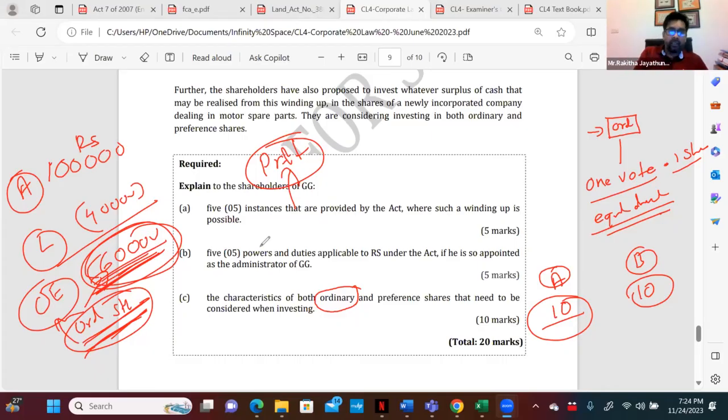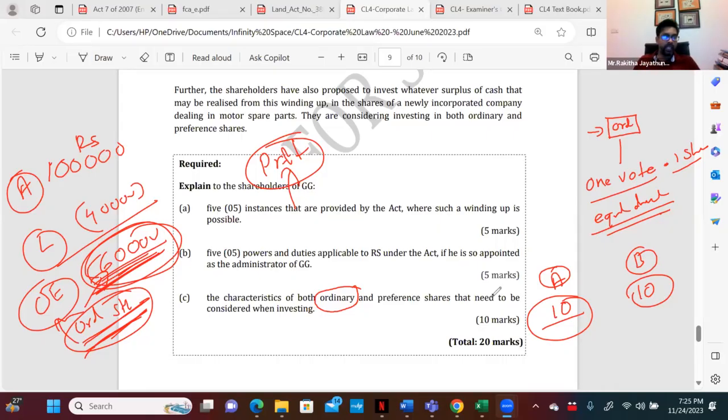Then what about the characteristics of preference shares? You need to write them separately. So the characteristics of ordinary shares, characteristics of preference shares. Preference shares, from the name itself, you can understand they are given the preference. That is, preference shareholders are not entitled to unrestricted dividend, but they're entitled to a fixed dividend.